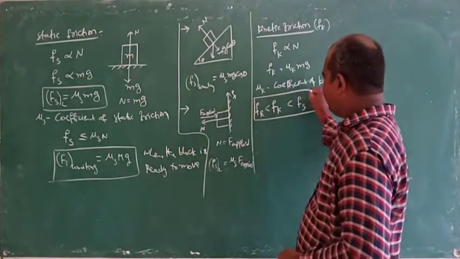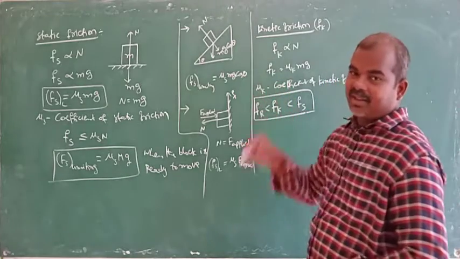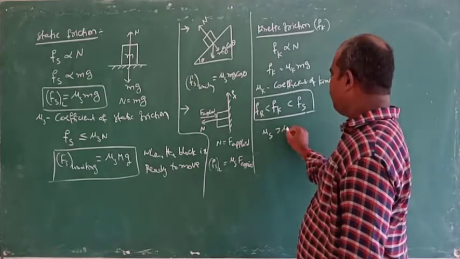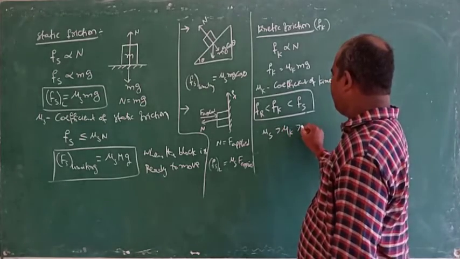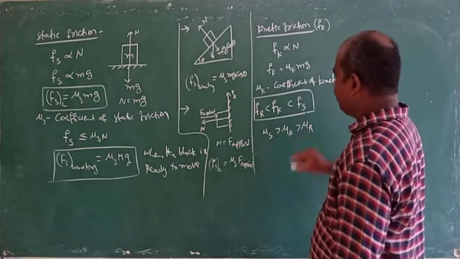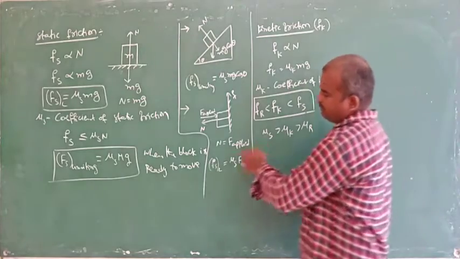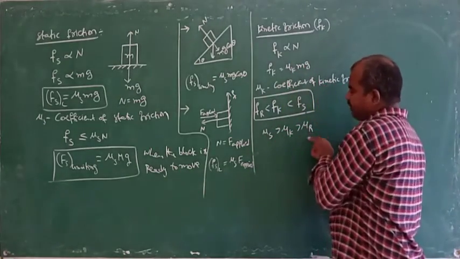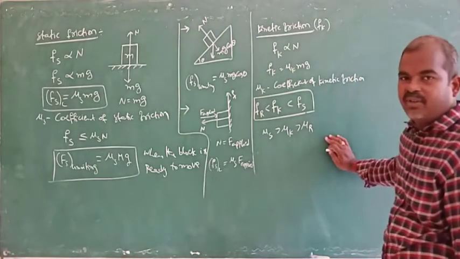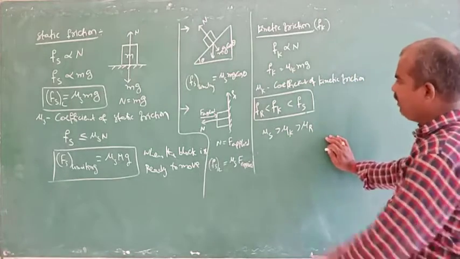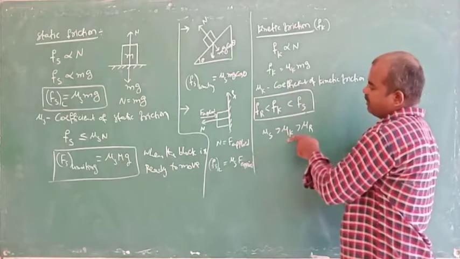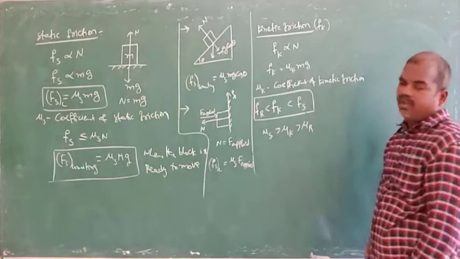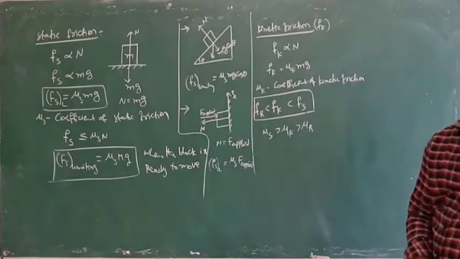Or otherwise Fs is greater than Fk is greater than Fr. Similarly, mu s is greater than mu k is greater than mu r. Means the coefficient of static friction is greater than the coefficient of kinetic friction, which is greater than the coefficient of rolling friction.